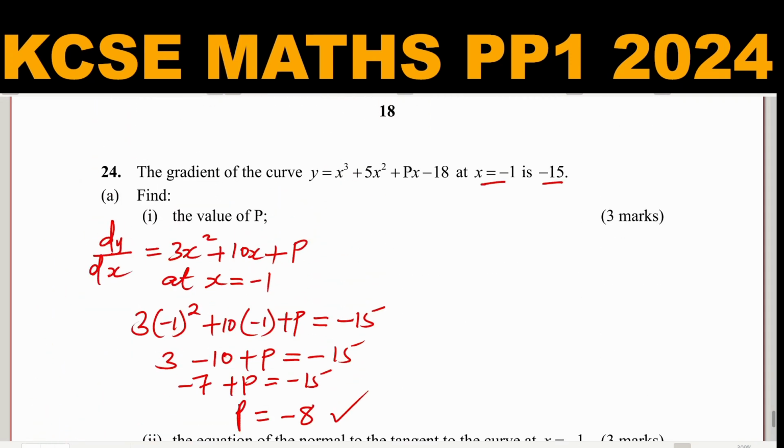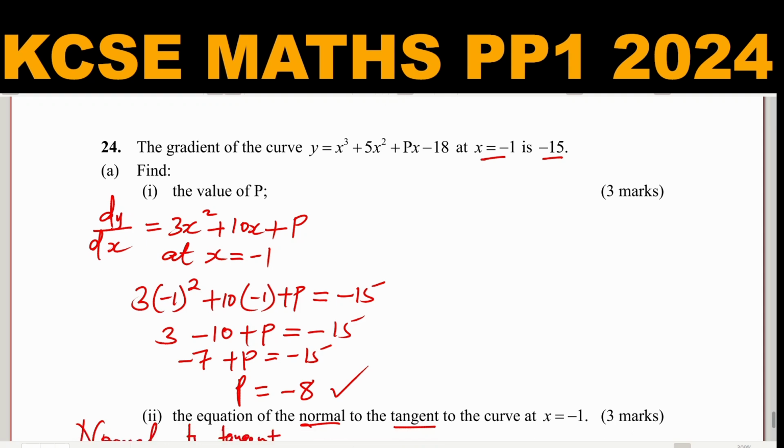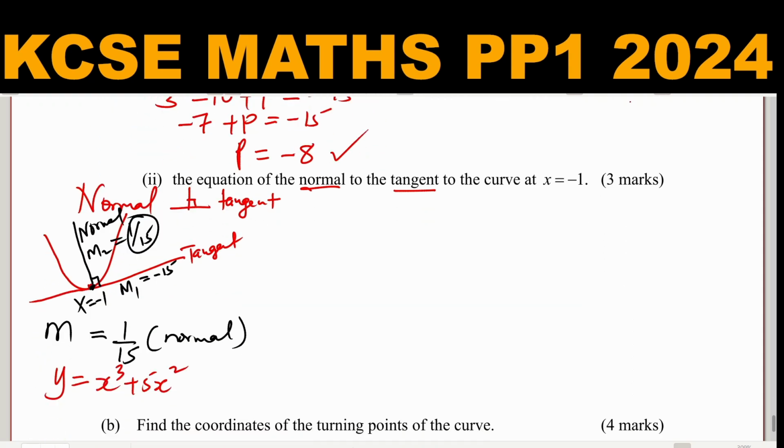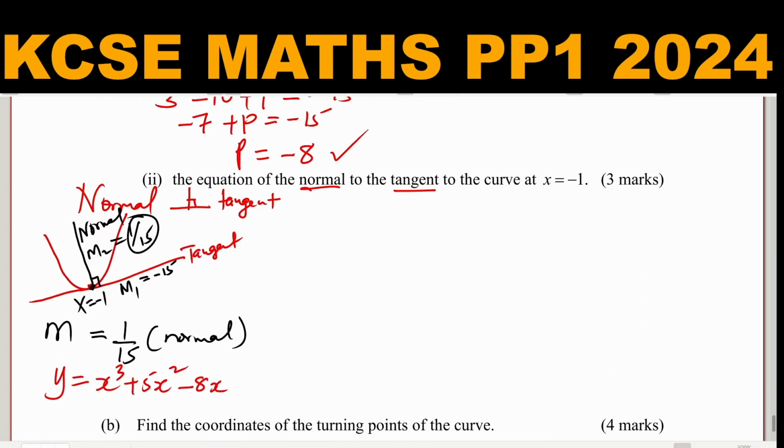Remember we got p equals -8, so substitute it there. That will be -8x, then -18.